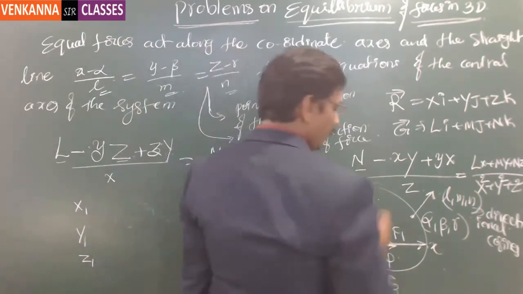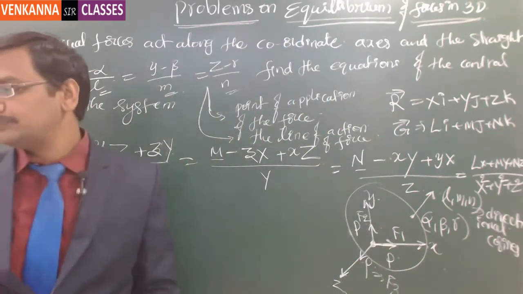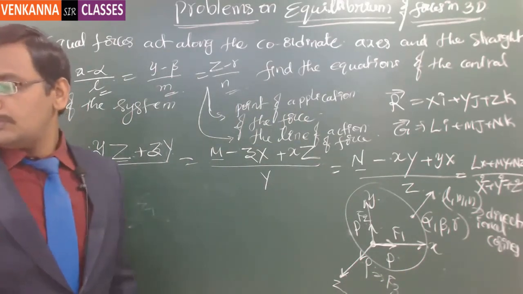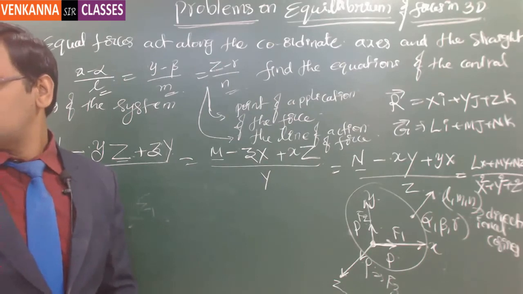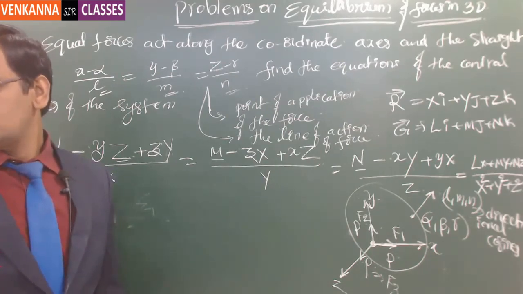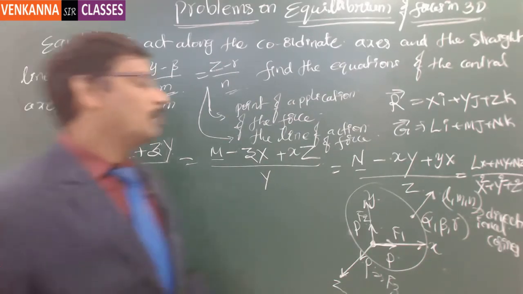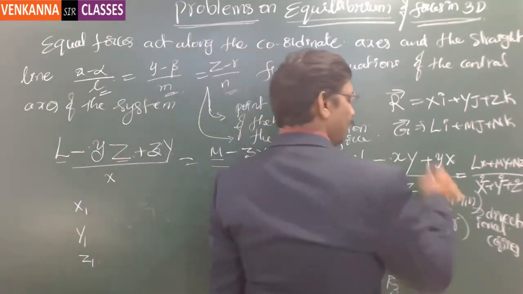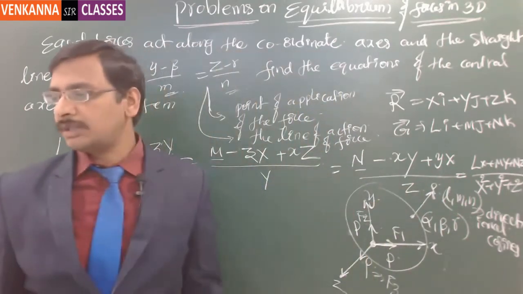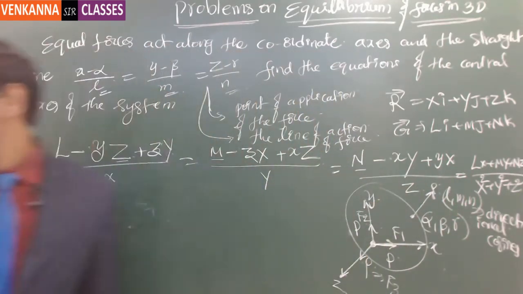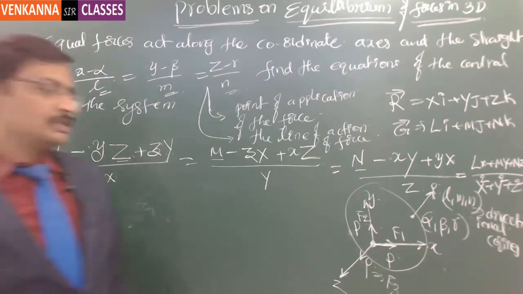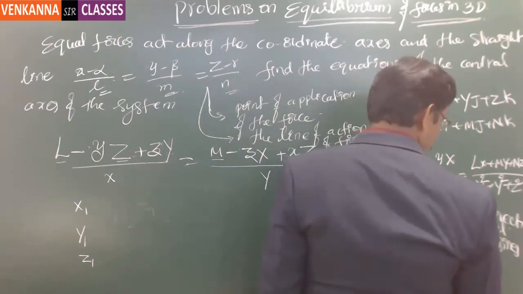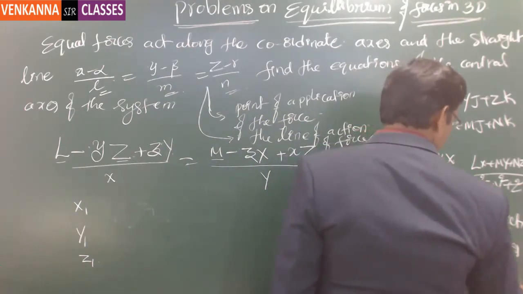So what is the component along the x-axis for F1? Tell me, what is the component of the force along the x-axis? All the force magnitudes are P, but the orientations are different and the points of application are different. Okay. So F1 is equal to x1 into i plus y1 into j plus z1 into k.